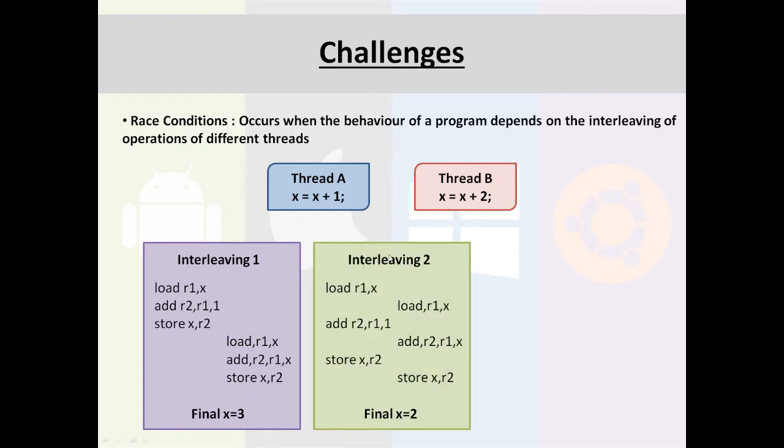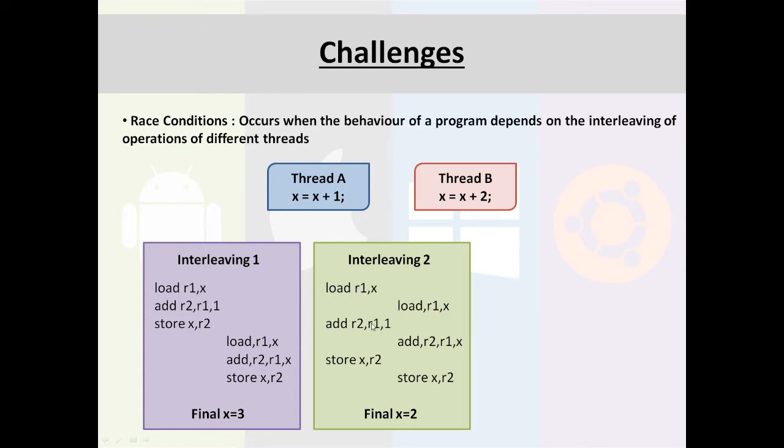Alternatively, we could have some swapping going on that results in an interleaving that looks like this, where we do the load instruction for thread A first, and then there's a context switch which results in us processing the load instruction from thread B. So here we basically just loaded the value of x twice, and now currently our value inside R1 would be 0, and it would be 0 here as well.